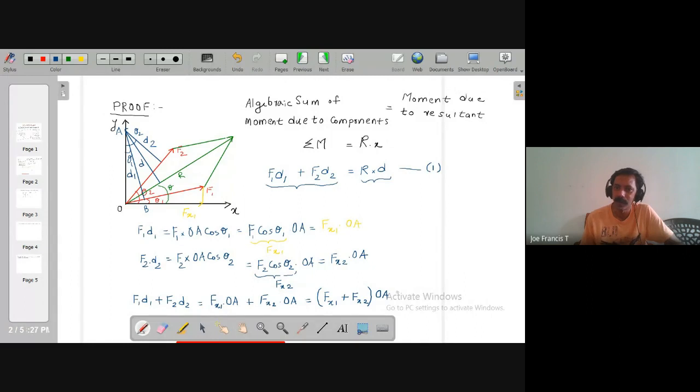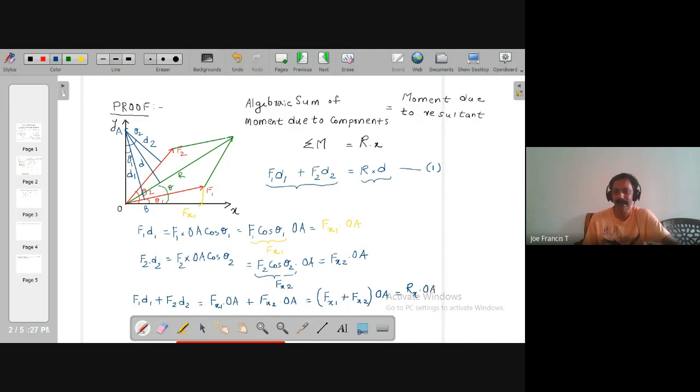Now, what is this Fx1 plus Fx2? That is the net force along the x direction. So you can write it as Rx into OA.